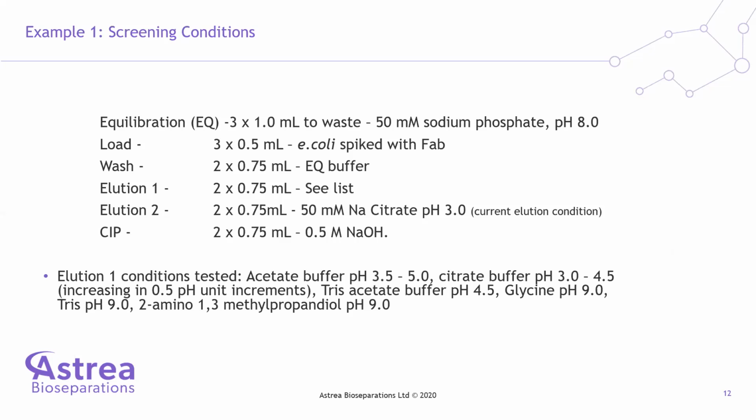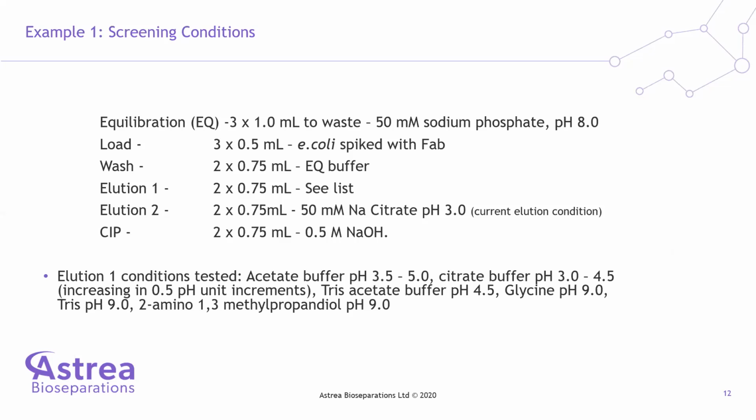So here we went with an acetate buffer between pH 3.5 and 5 and a citrate buffer between pH 3 and 4.5, increasing in half pH unit increments. And we also tested a Tris acetate buffer at pH 4.5 as alternative elution conditions.